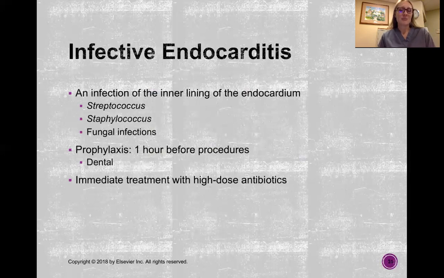Specifically in dental exams, we want to make sure that these kids are taking their prophylactic antibiotics, because when the hygienist is scraping away at the teeth, they're releasing so much bacteria that the child swallows that bacteria, and there's enough of it potentially being released to get into their circulation. And where does all that blood go? Right to the heart. So we want to make sure that these kids have their prophylactic antibiotics.